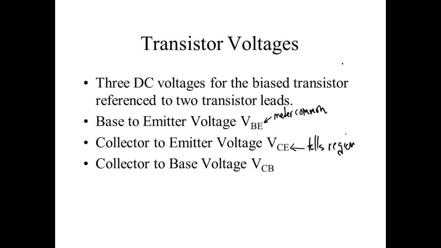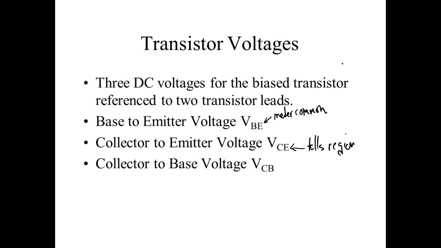Voltage collector to emitter, this tells us the region. If it's dropping less than a volt, we consider it to be saturated. If it's dropping the supply voltage, VCC, we say it's cut off. If it's somewhere in between, we say it's active. You understand that?